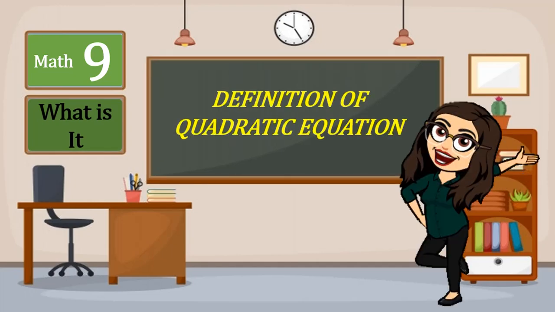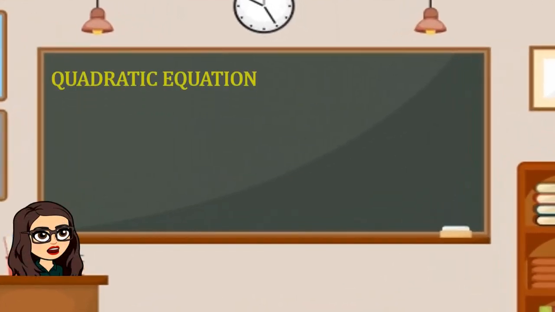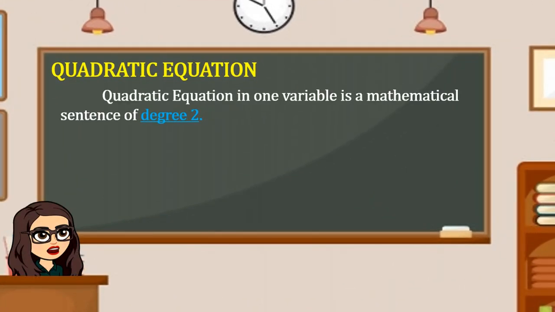Let us now have the definition of quadratic equation. A quadratic equation in one variable is a mathematical sentence of degree 2, meaning in order to call it a quadratic equation, the equation must have a highest exponent of 2.